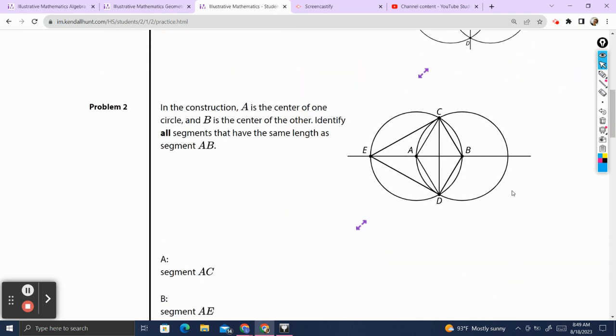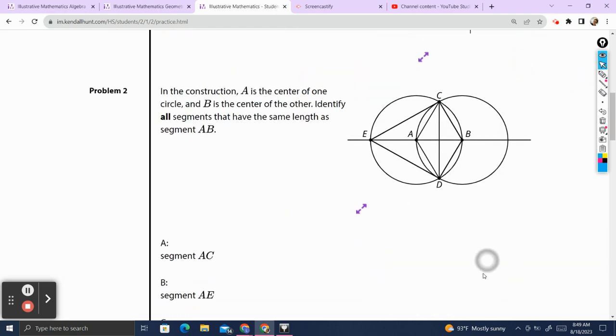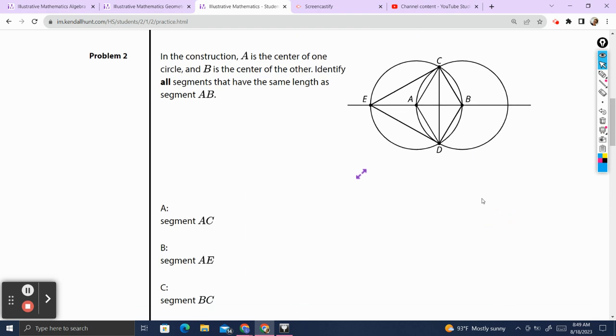Problem 2. In the construction, A is the center of one of the circles, so we're just going to call it circle A, because it's easier to see when we have colors. If you have a workbook, I recommend pulling out your highlighters or colored pencils right now. I like the pink better.